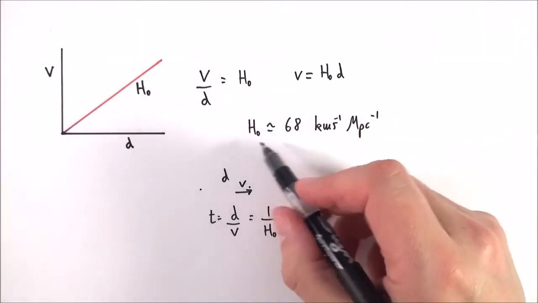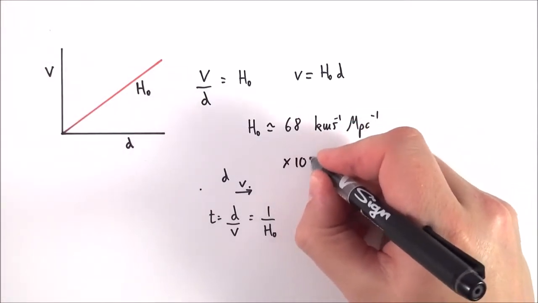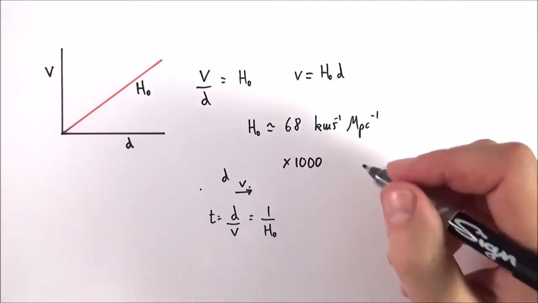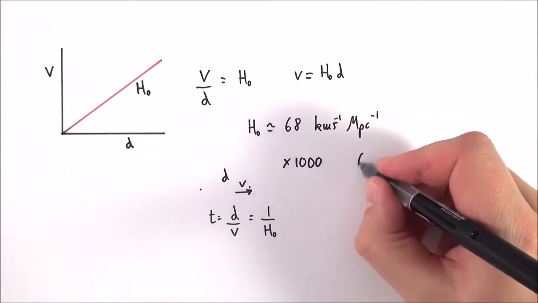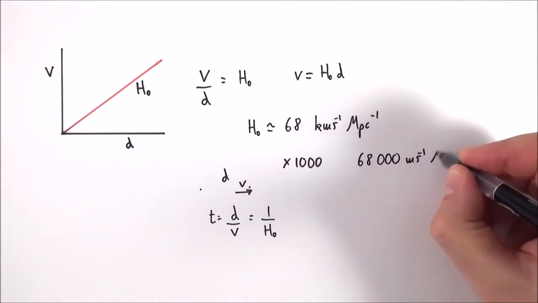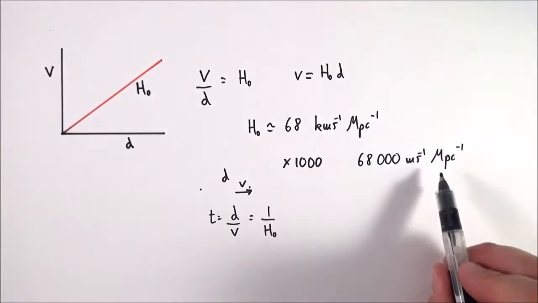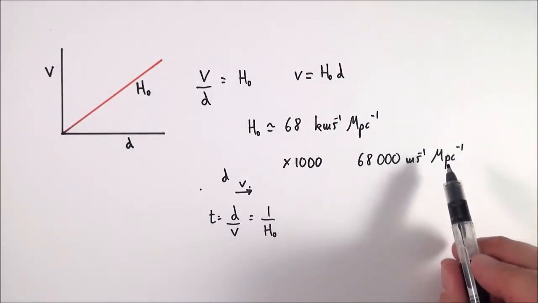In order to convert from this unit, the first thing we need to do is multiply by 1,000. If we do that, we get Hubble's constant as 68,000 meters per second per megaparsec. What we can then do is convert from megaparsecs into meters.